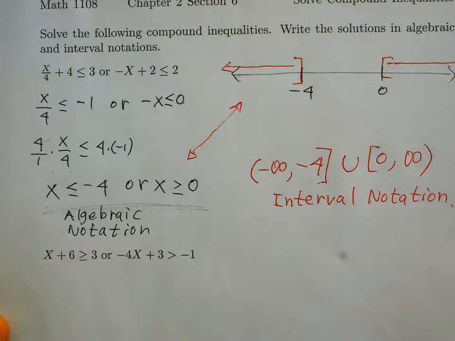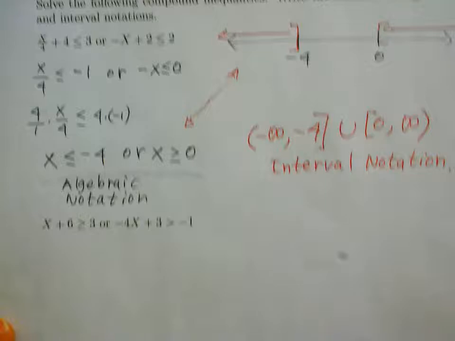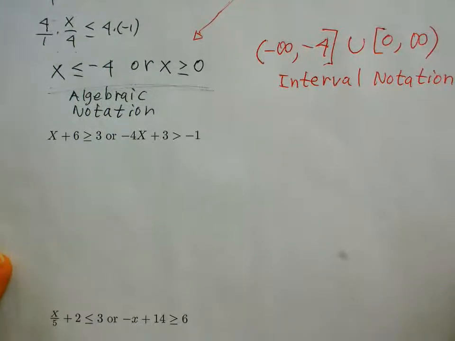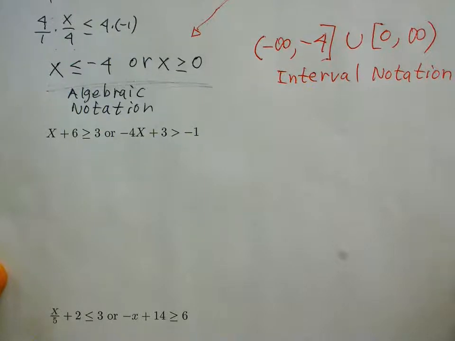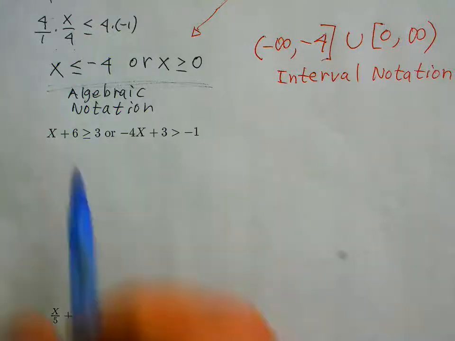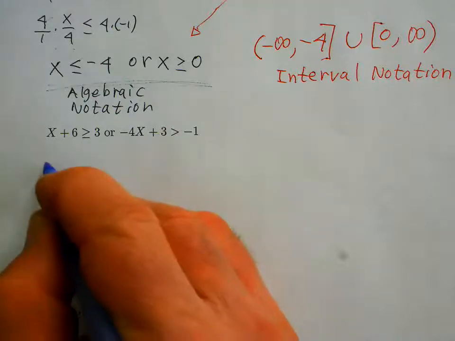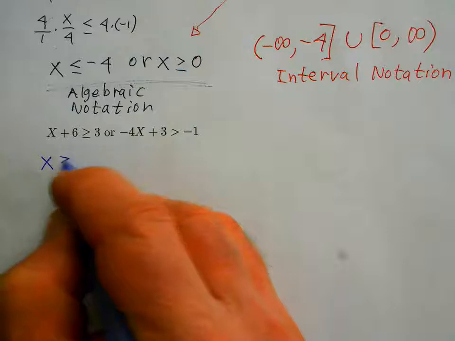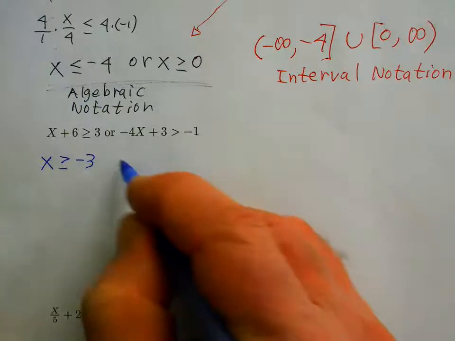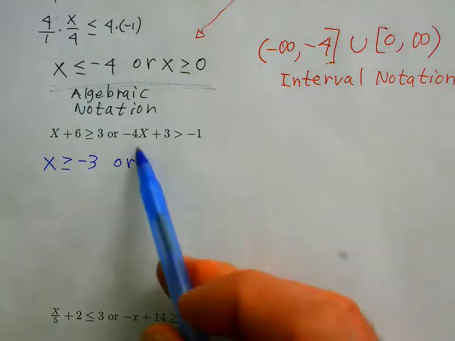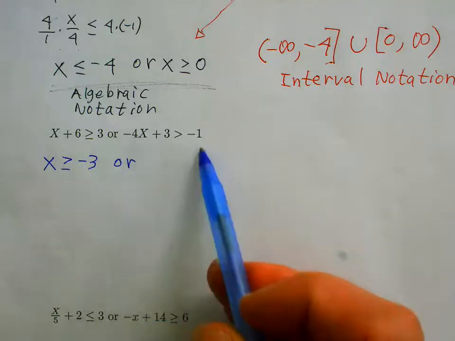Okay, a couple more examples. The next one: x plus 6 is greater than or equal to 3, or -4x plus 3 is greater than -1. On the left, we'll start by subtracting 6 from both sides, and we'll get x is greater than or equal to -3. Then we use the word or. This one, -4x plus 3 is greater than -1.